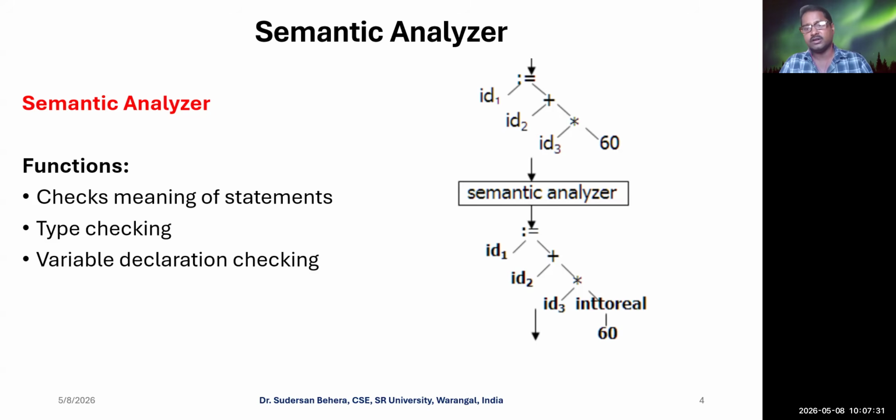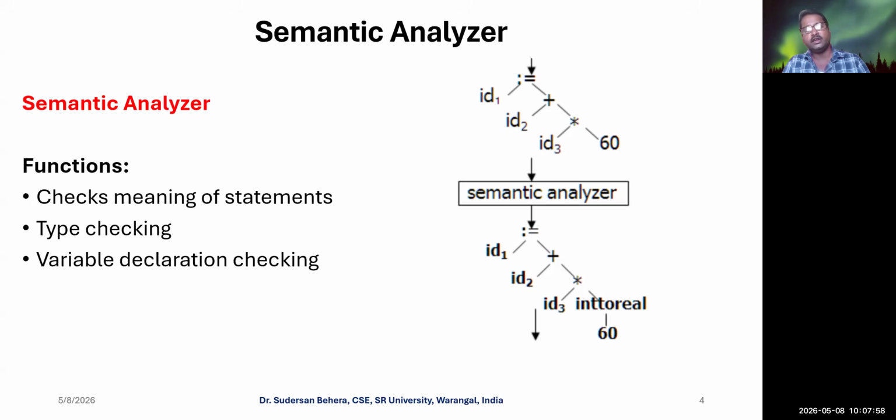One of the operators is called inttoreal. That means it converts an integer constant to a real constant. It will just make 60 to 60.0. For that, it needs an operator. So that is why you see the output of the semantic analyzer. In the output, the same tree is there, but only a little modification has been done.